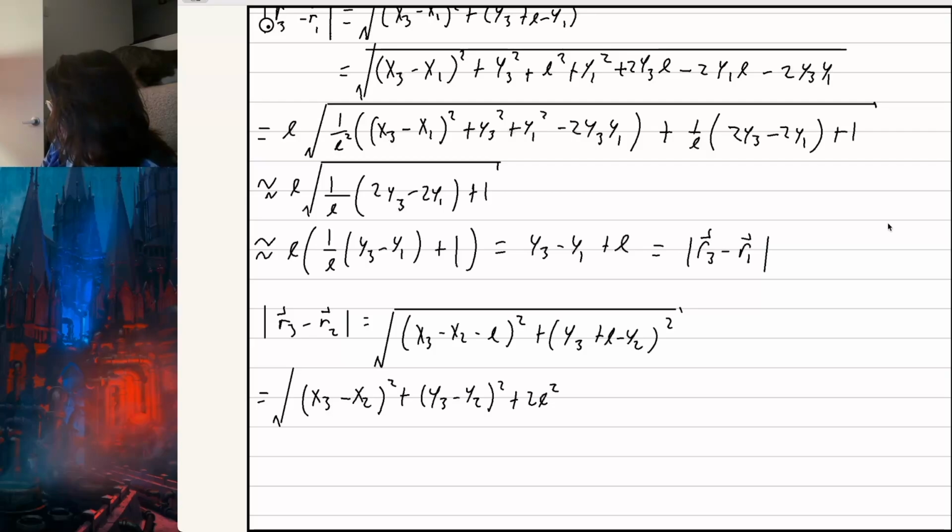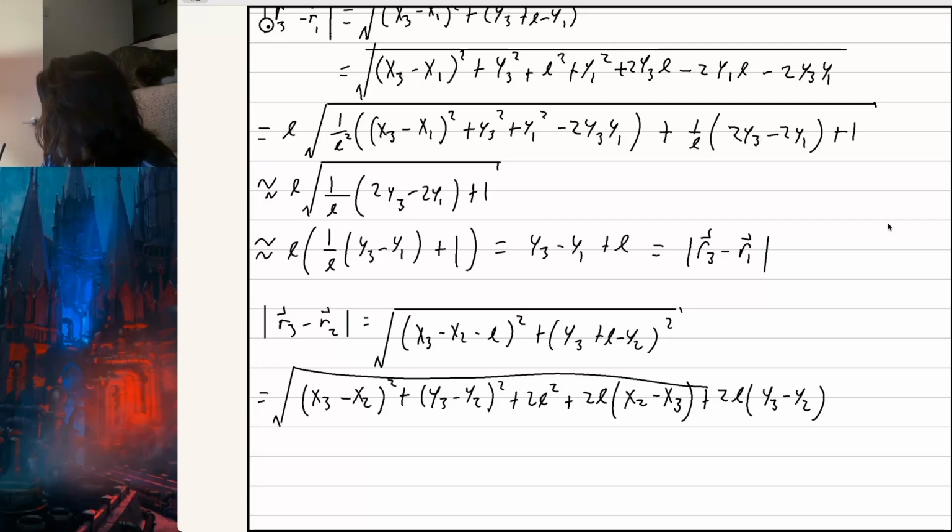There's going to be a minus 2 times L, or just plus 2 times L. We have x3 minus x2. Actually, it's the other way around. x2 minus x3. Yep, and then we have a plus 2L y3 minus y2, all under that lovely radicand.